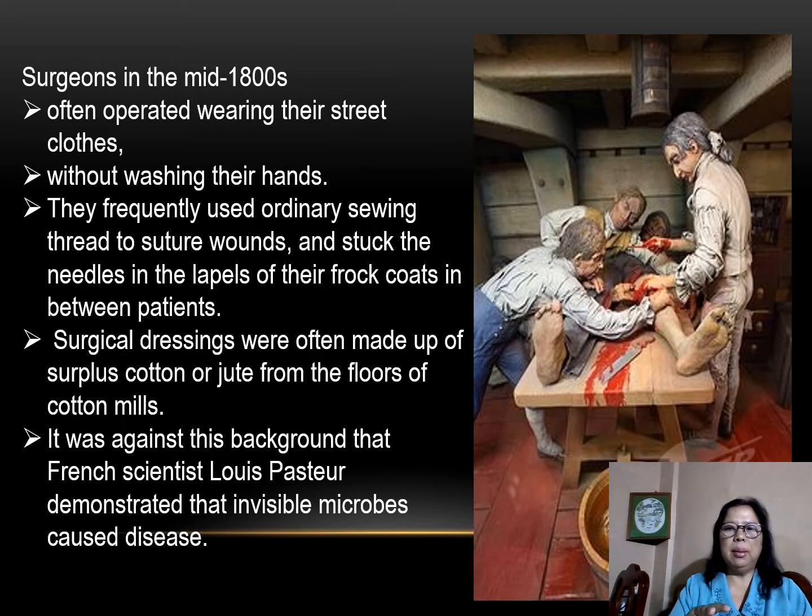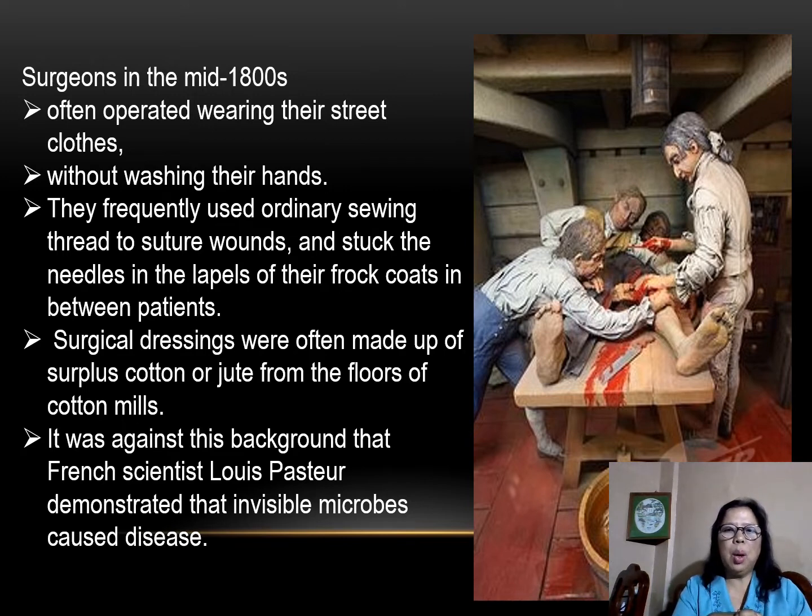Surgeons in the mid 1800s often operated wearing their street clothes or daily clothes without washing their hands. They frequently used ordinary sewing thread to suture wounds and stuck the needles in the lapels of their coats.